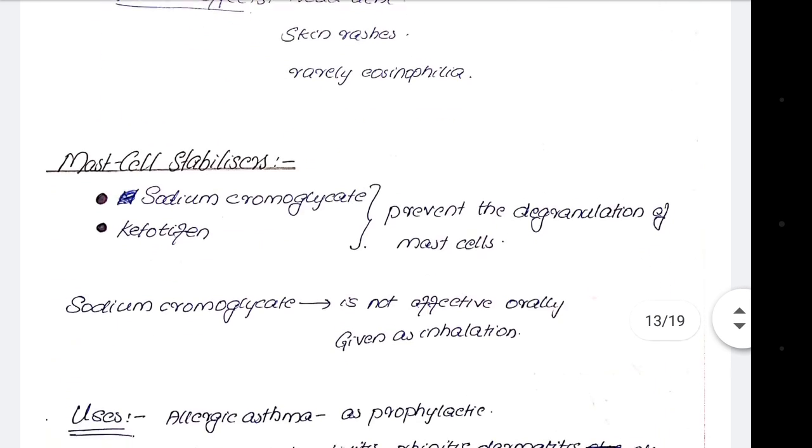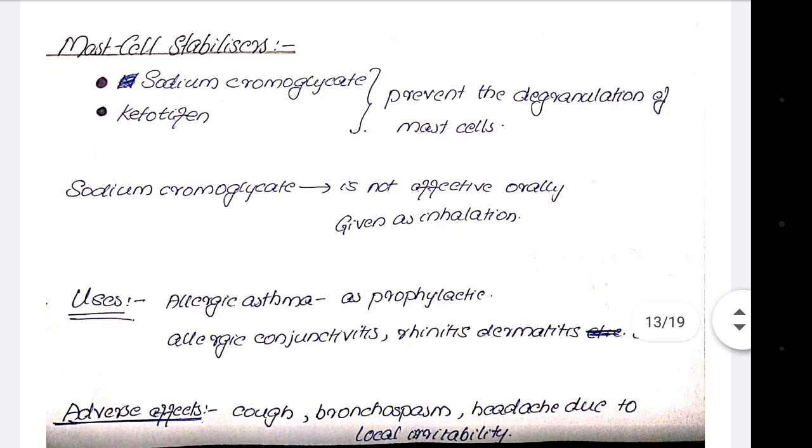The next class of drug is mast cell stabilizers. These prevent the degranulation of the mast cell, and include sodium cromoglycate and ketotifen. Sodium cromoglycate is not effective orally and is given as inhalation. It is used in allergic asthma as a prophylactic.